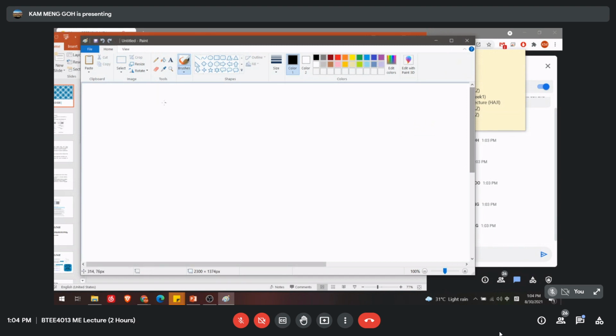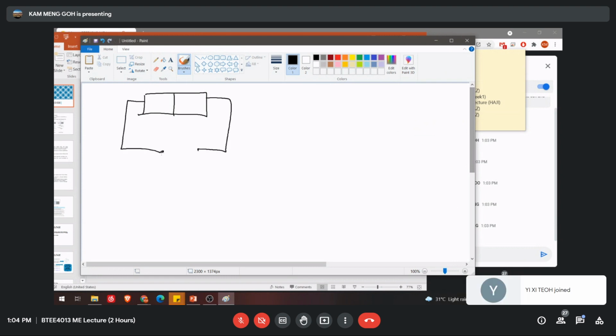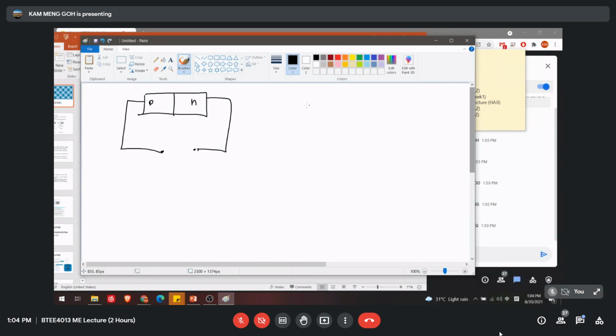Before we proceed, let us try to remind something first. So we have a PN junction. This is a P, this is an N. So we draw it properly.